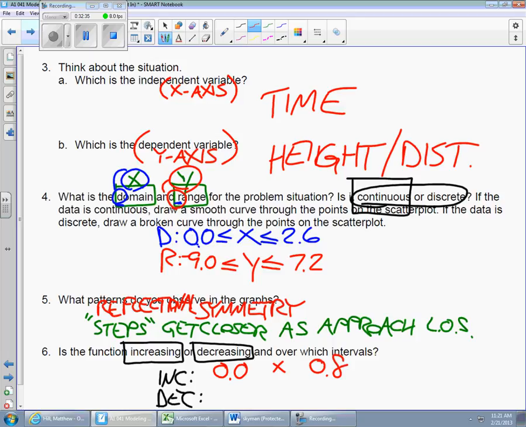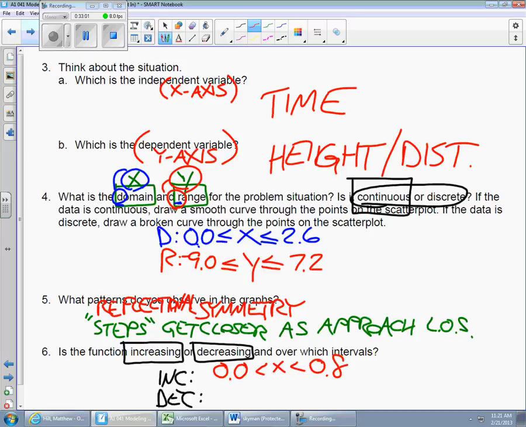Now, when you start thinking about intervals, an interval is like a boundary. It's like saying, hey, we are inside of the left-hand wall of the room and the right-hand wall of the room. So we are in the space between. Are we part of the left-hand wall or part of the right-hand wall? No, we are in between. That's the way these increasing and decreasing intervals are going to work.